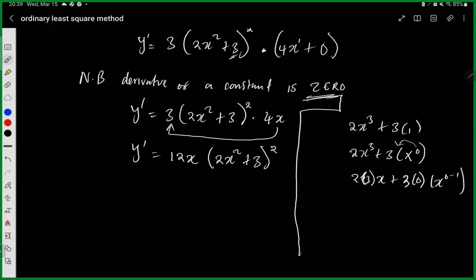So this here is 6x plus this here is 0 times x to the power negative 1, which is equal to just this. That's the whole intuition.